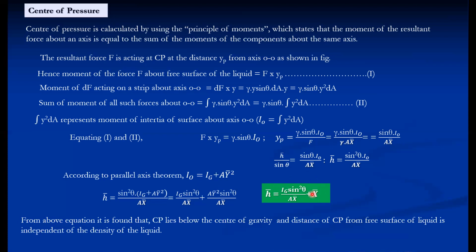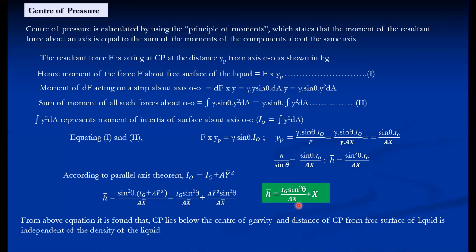So the center of pressure lies below the center of gravity, and it is independent of the density of the liquid. h bar doesn't depend on the density of the fluid. It only depends on the orientation as well as the geometry of the submerged surface. This is the most generalized equation of h bar.